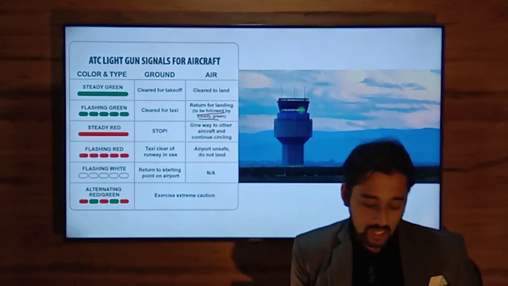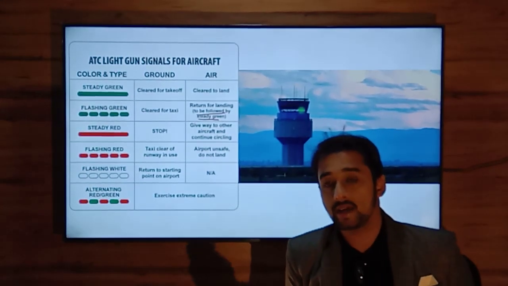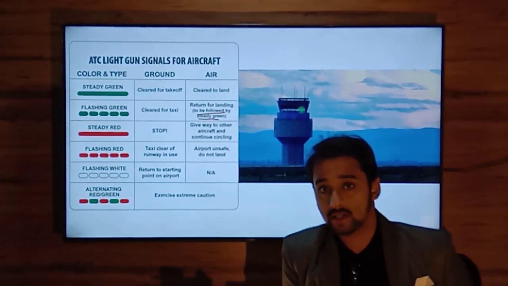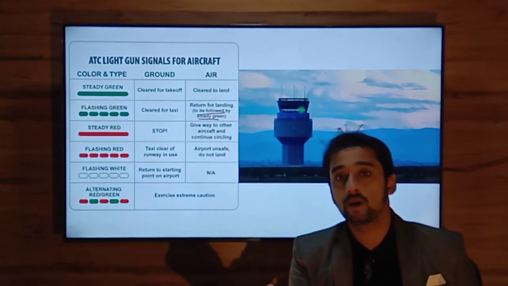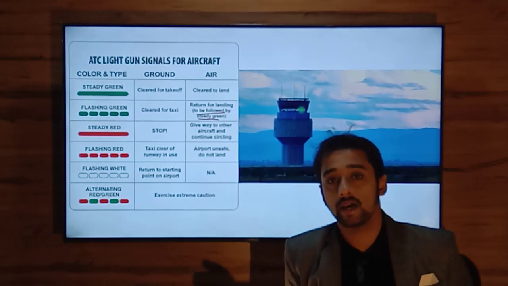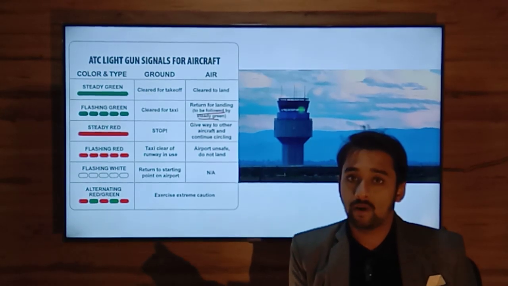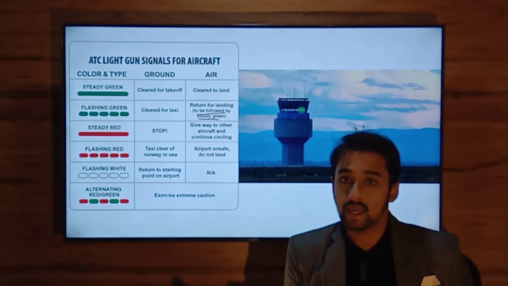Now, flashing green will always be followed by steady green. Flashing green will be given to you first, and its meaning is that you will be directed towards the airport. Once you come towards the airport, align with the runway and come down for approach and landing, and you are very close to the runway, you would normally receive landing clearance.